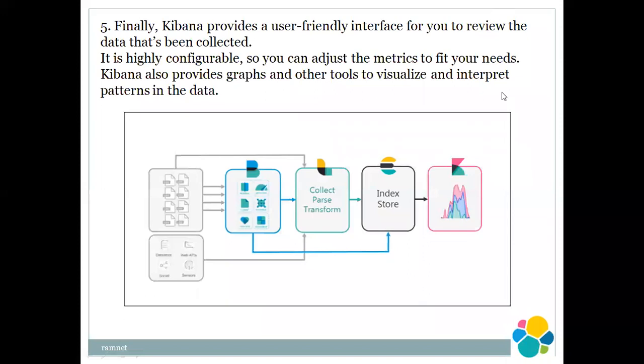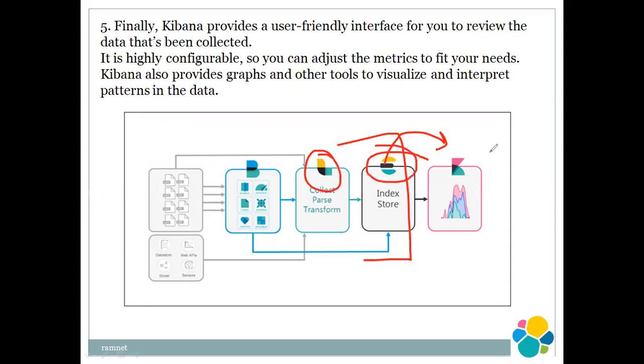Finally, Kibana provides a user-friendly interface for you to review the data that is being collected. It is highly configurable, so you can adjust the metrics to fit your needs. Kibana also provides graphs and other tools to visualize and interpret the patterns in the data. So up to this much we have seen, then Kibana comes in. So this is Logstash, this is Elasticsearch, this is Kibana.